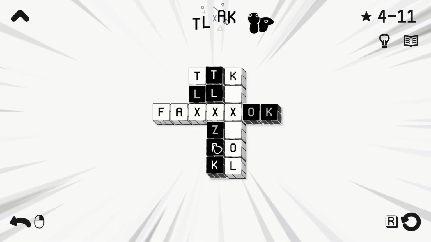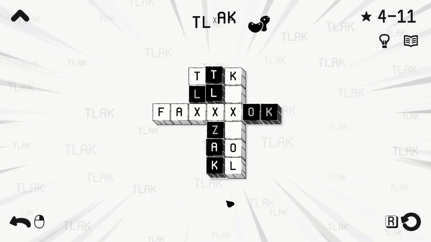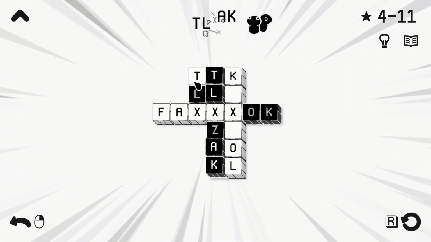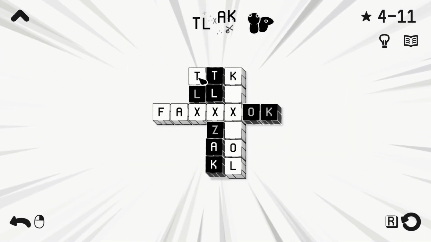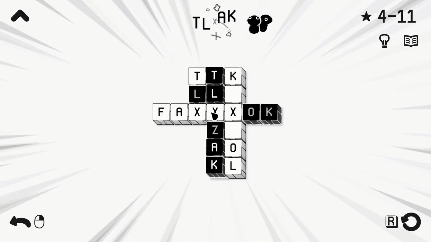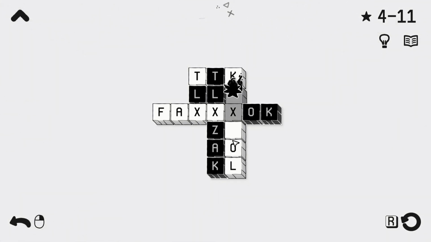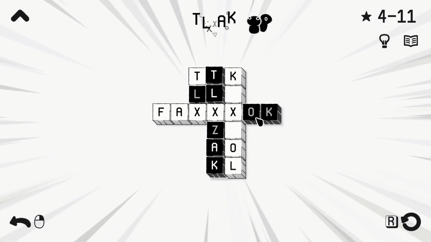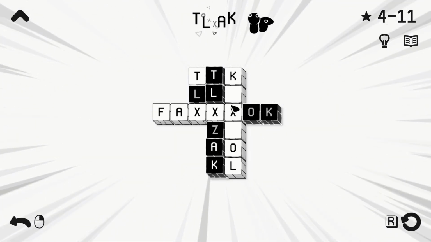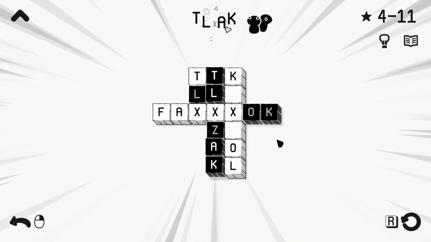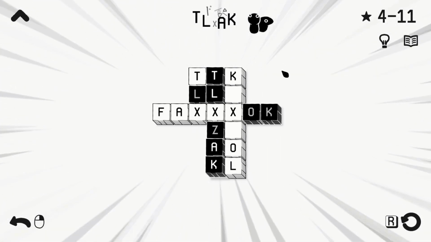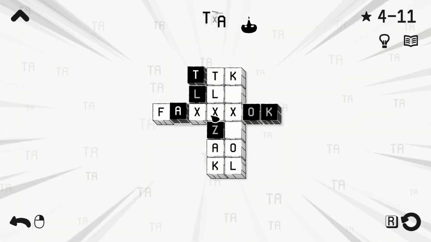So if I did Tlak here, I have nothing to take because I can't take T or A. So I can't do this, this, or this, or this. I can't cross the X over because then I'm left with an extra. I have to get rid of that X somehow while still keeping lock available. I don't know. Is that possible?